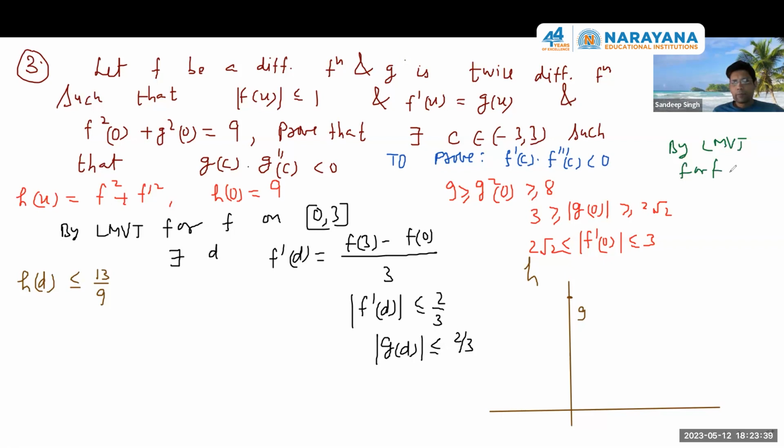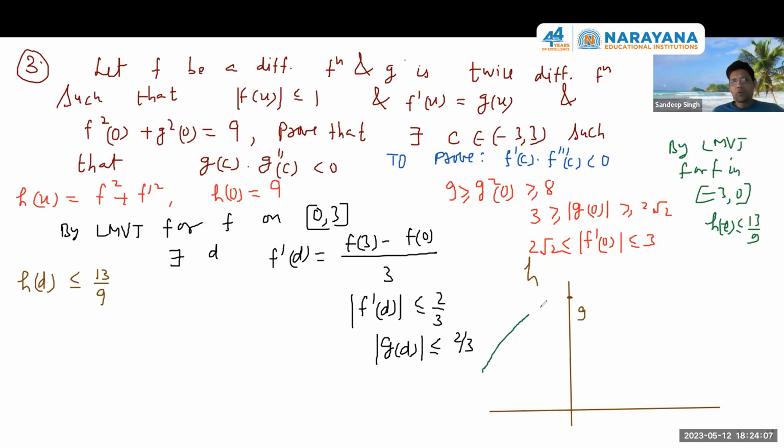For f in -3 to 0, there might exist some e where h of e will also be smaller than 13 by 9, similar arguments I can keep. So look carefully, at most till 13 by 9 you have to come down. So what is confirmed, maxima or minimum? You cannot come down without taking a maxima.